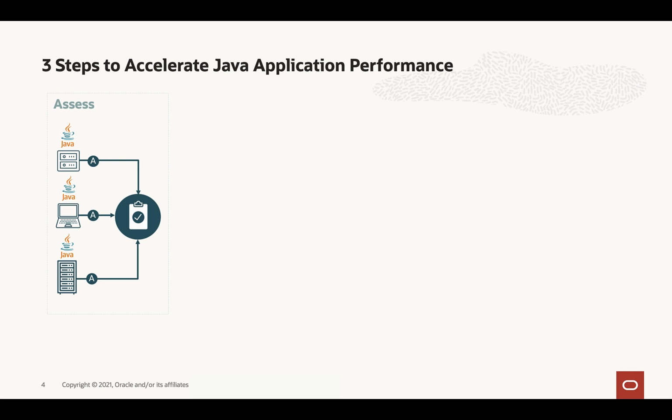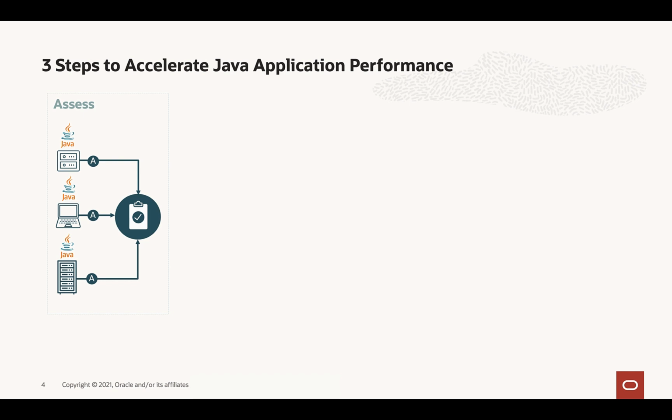Are their applications using the intended Java installations or the right Java versions? Are there any unauthorized Java applications running that might be consuming valuable resources? And of course, how many outdated Java installations are in use? All these data points play an important role in assessing your Java environment.